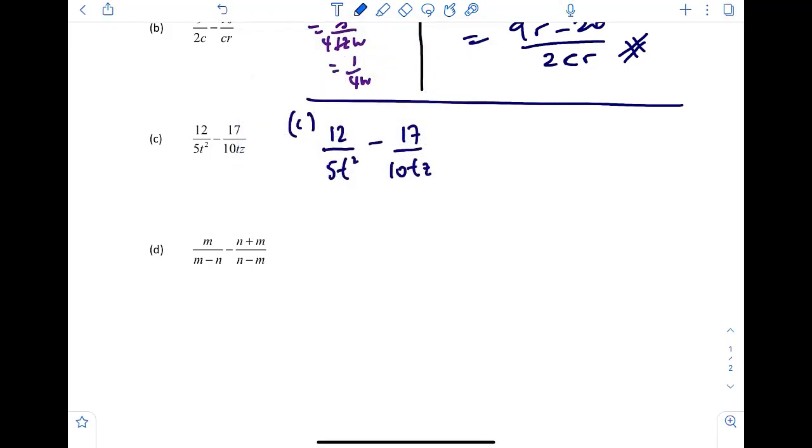So we need to have a 2 here for sure. In terms of the letter t, there's a t squared, there's only a t here. So you need to times by t. In terms of z, there's a z here, there's no z here. So you need to times 2 and also z. So 2z.